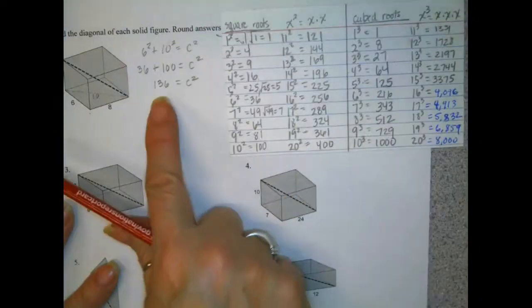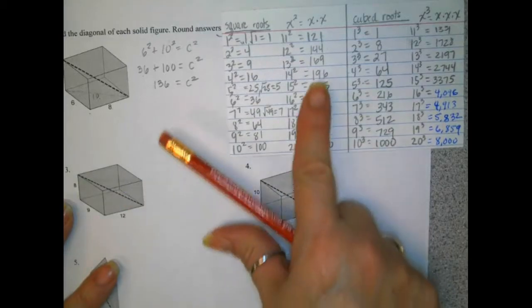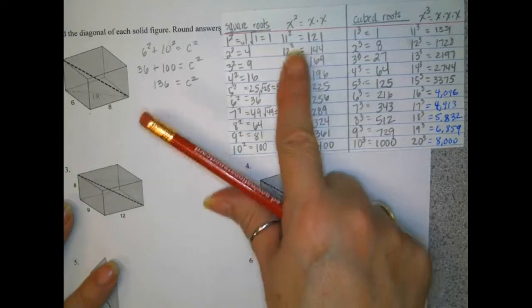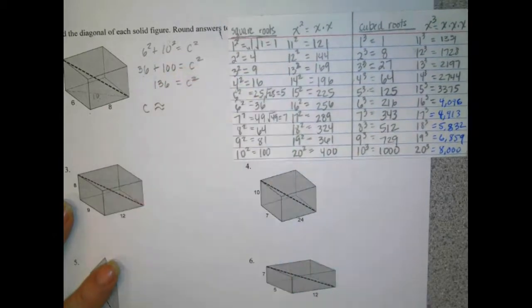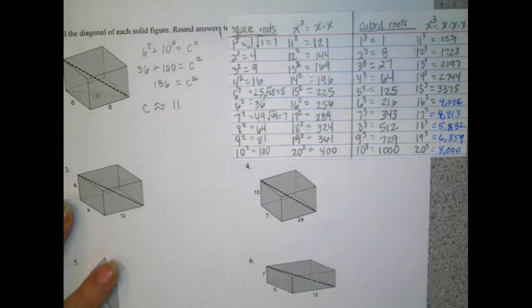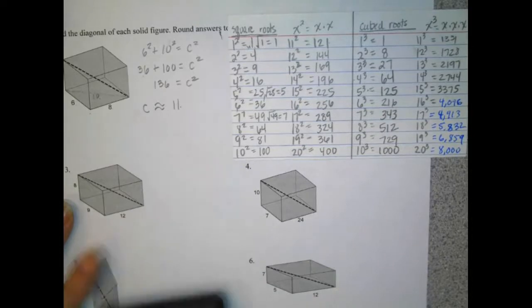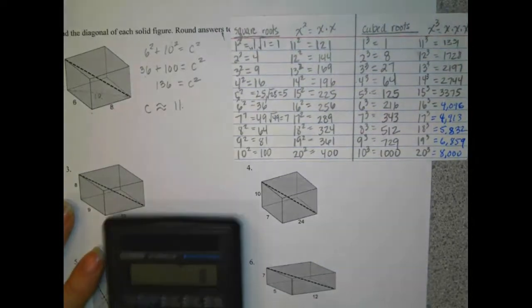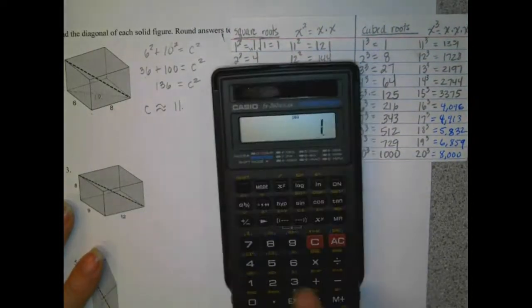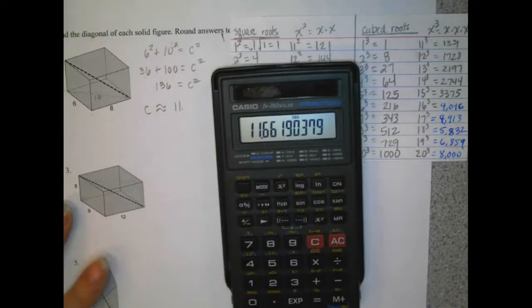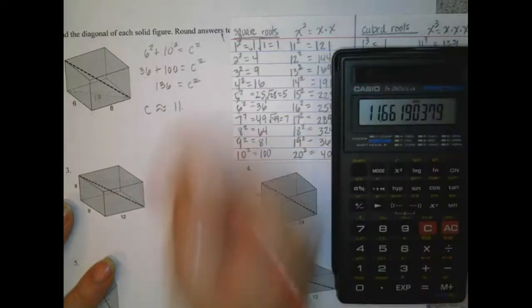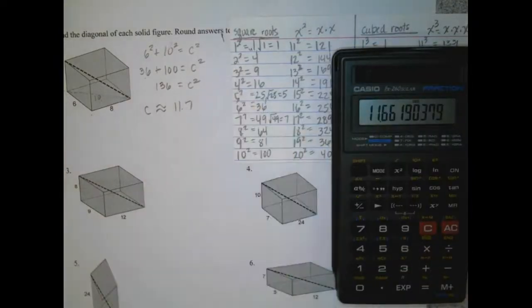Is 136 a perfect square? No. It's between 11 and 12, right? So it's going to be approximately 11 something. Now I can guess, or I can go ahead and write 136 in my calculator and take the root, and it's going to give me 11.66. So I'm going to round it up to 11.7.